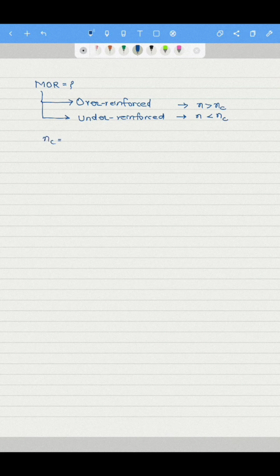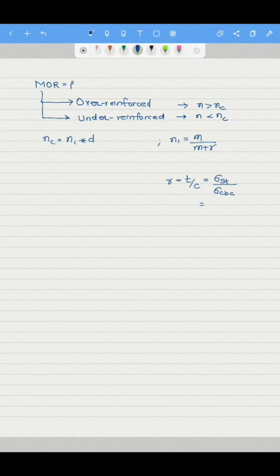We know nc is equal to n1 times d, where n1 means m divided by m plus r, and r means t divided by c. So t is nothing but sigma st and c means sigma cbc, which are the permissible stress in steel and concrete respectively.